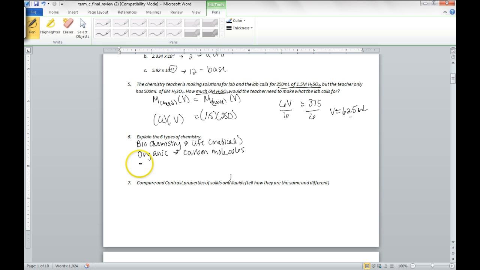I have nuclear, which is going to be anything that's with the sun or solar. I have inorganic, which would be anything besides carbon, so everything else on the periodic table.